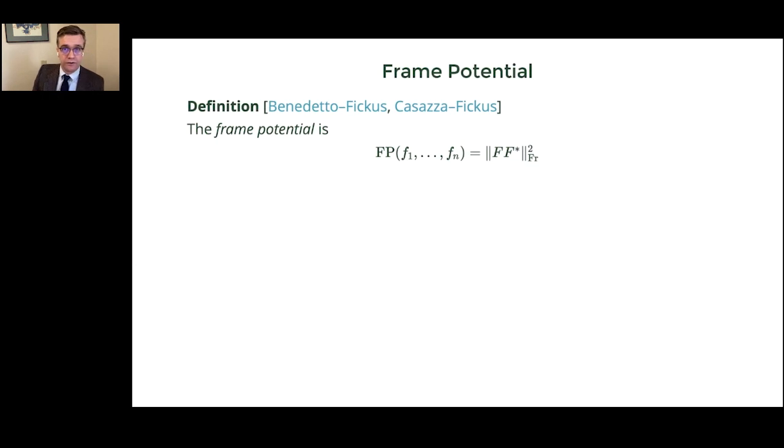Okay, so I want to close with just a few words about something called the frame potential. This gets back to the early days of people thinking about equal norm Parseval frames. You write down this thing called the frame potential, which in the language that I'm using is just the squared Frobenius norm of this FF star matrix.